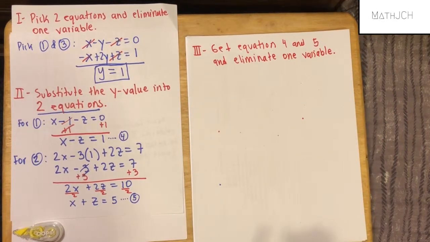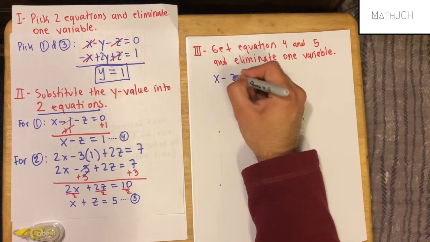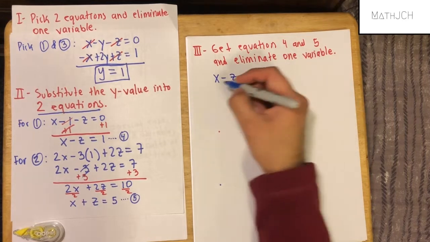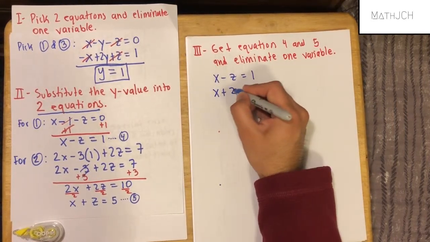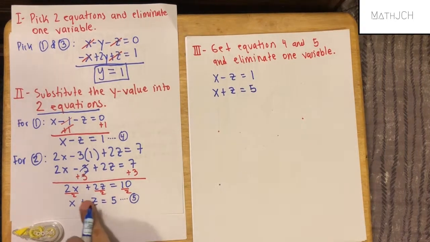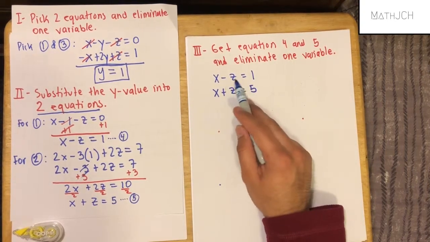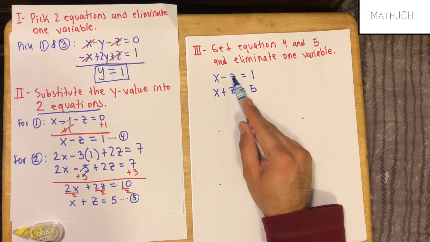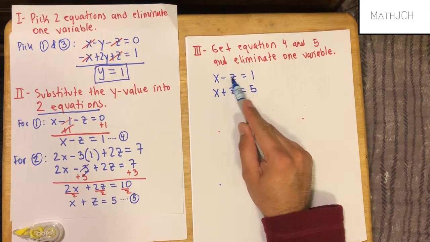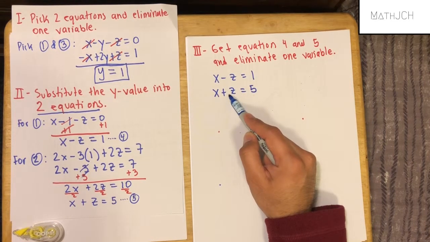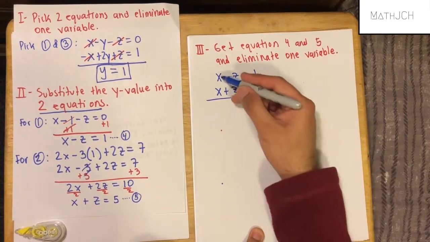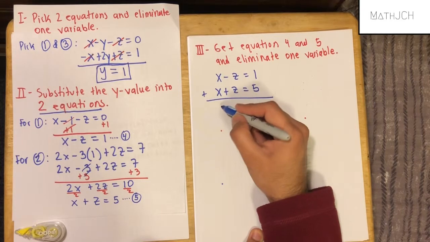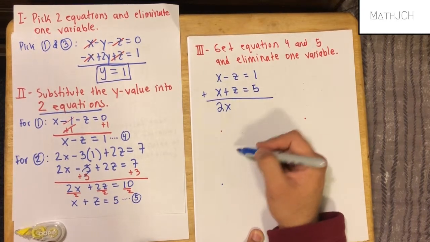So let me rewrite equation 4 and let me rewrite equation 5, which we reduced by 2, okay? Now notice here, we could easily eliminate the z already because I have negative z here and a positive z here. So I could already combine them. So x plus x, that will give me 2x.